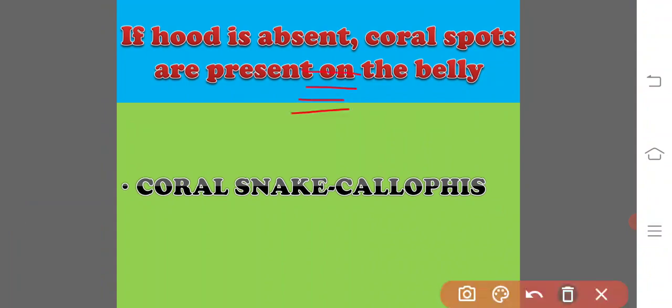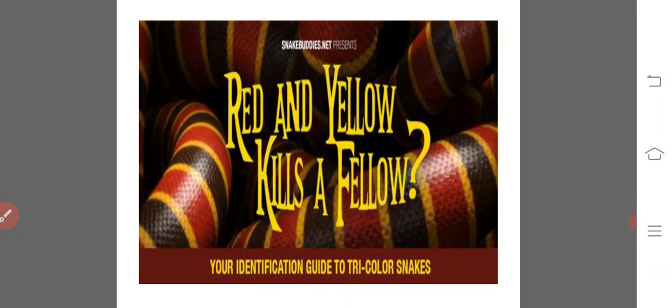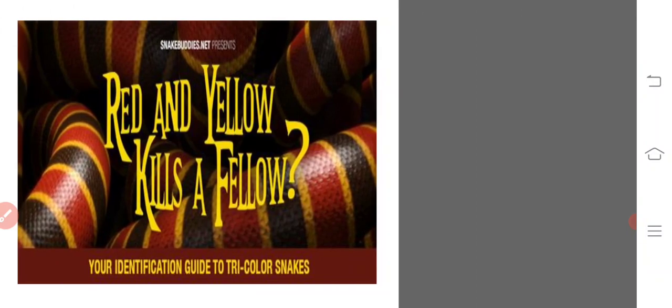If the hood is absent and coral spots are present on the belly, then that is known as a coral snake. The scientific name is Calliophis. Calliophis is the coral snake. So this is the image of a coral snake. If the red and yellow bands are side by side, that is highly venomous, it kills a fellow.